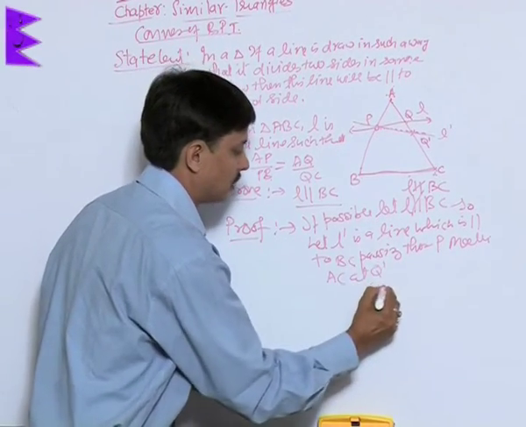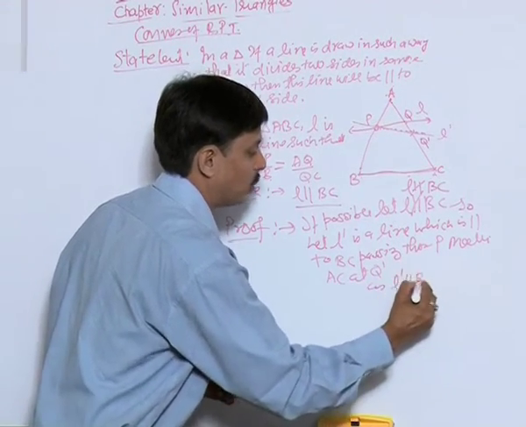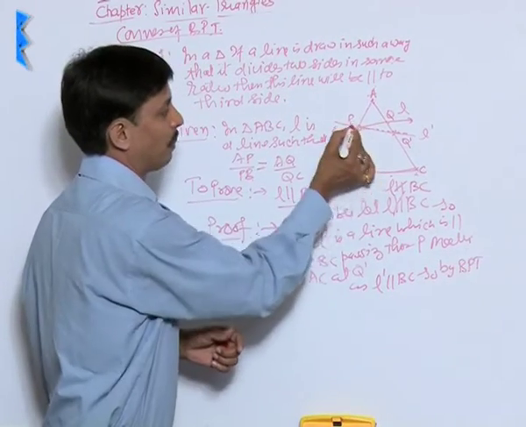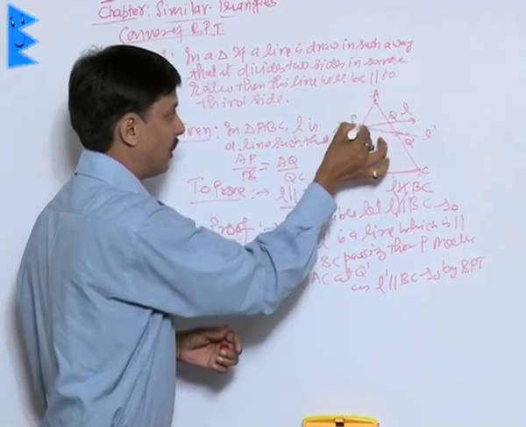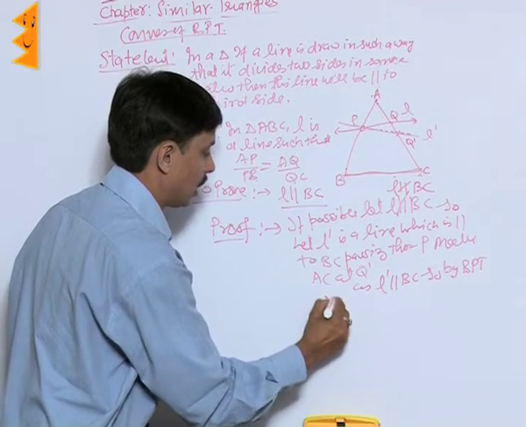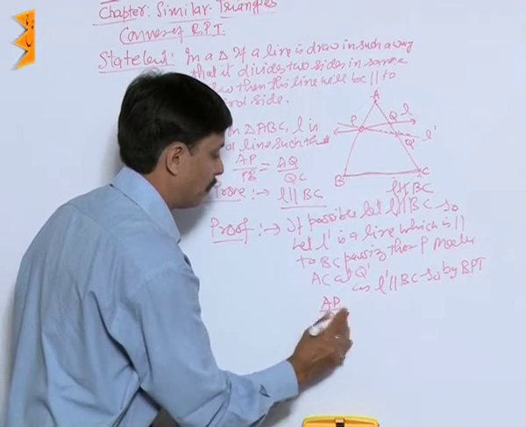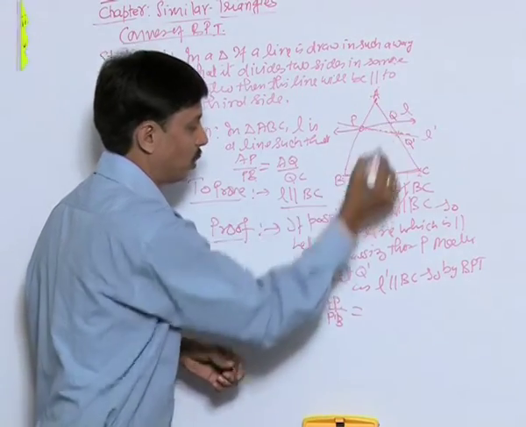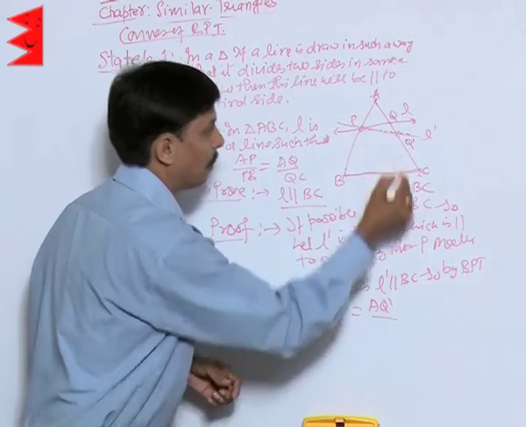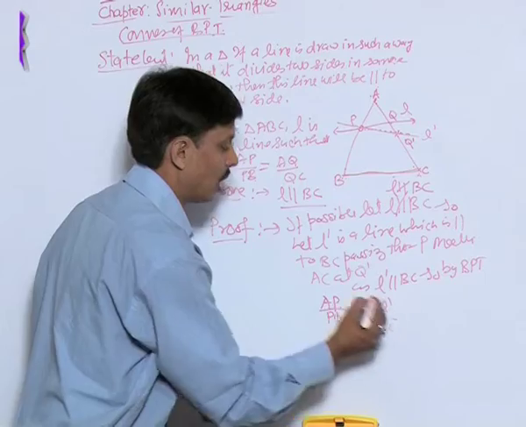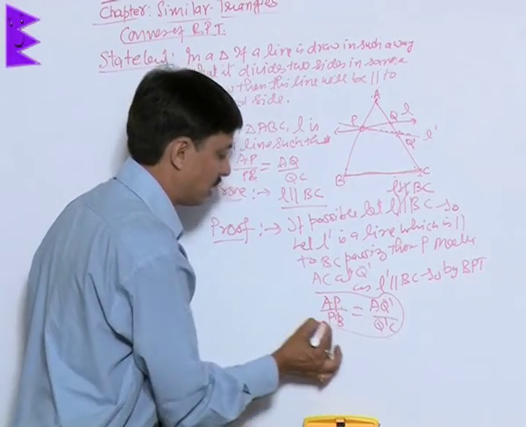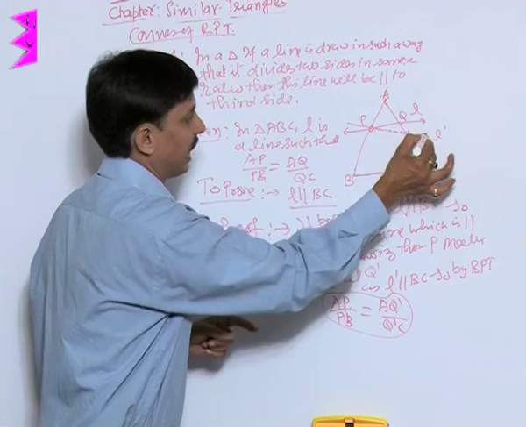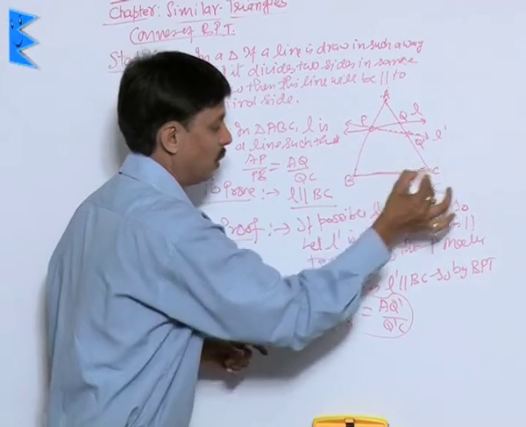So as L dash is parallel to BC, by BPT, the basic proportionality theorem, we can say AP by PB is equal to AQ dash by Q dash C. This is by BPT, the reason being that in our assumption we have taken L dash parallel to BC.